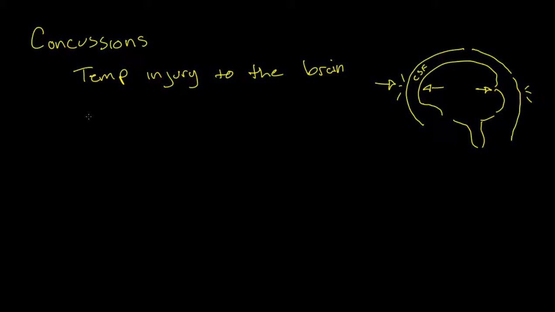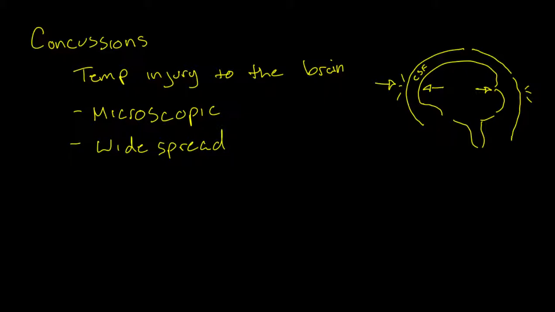The difference, that's really kind of minor when you think about it, but it's how they break down the difference, is a concussion is microscopic injuries, and it is widespread. So it'll be a huge impact area that it affects.